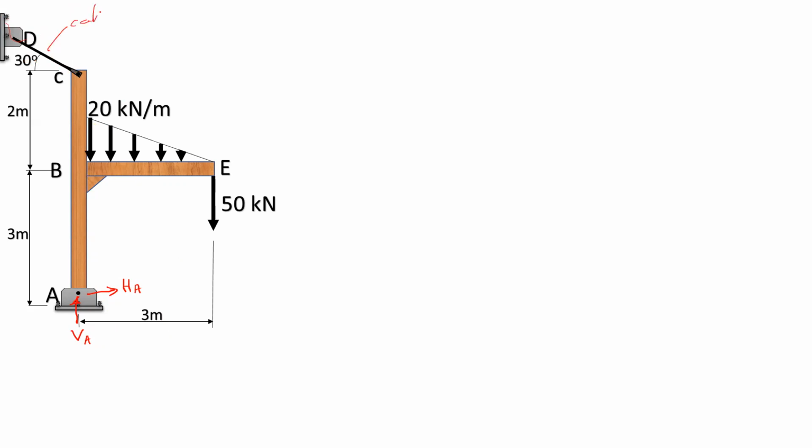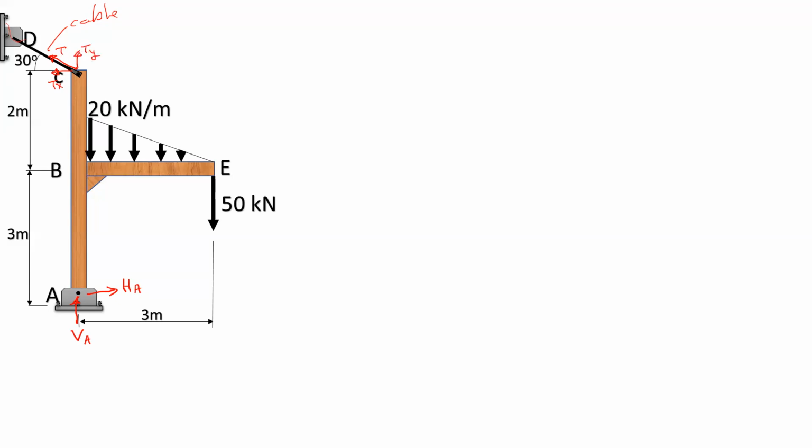Because of the cable here, I can only proceed with the solution with the tension in the cable, that's T here. And instead of using T, I can consider the components Tx and Ty. That's a better way actually.